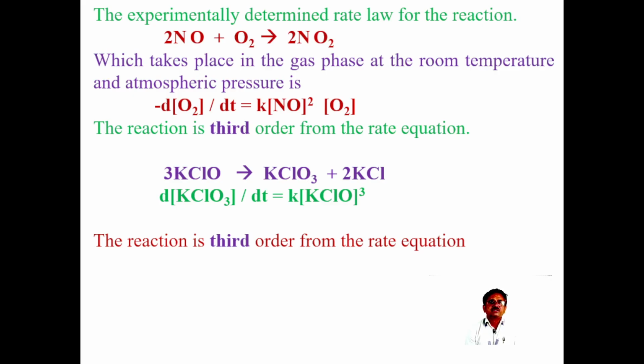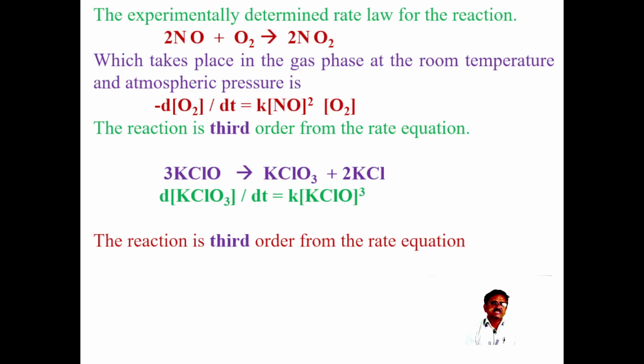The reaction is third order. How? Because NO is raised to 2 and O2 to 1, and 2 plus 1 is 3. So the overall order is 3, the individual order with respect to NO is 2, and with respect to O2 it is 1, but the overall order is the sum, 2 plus 1 equals 3.